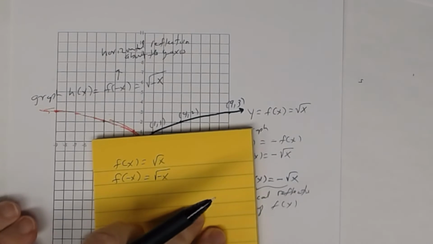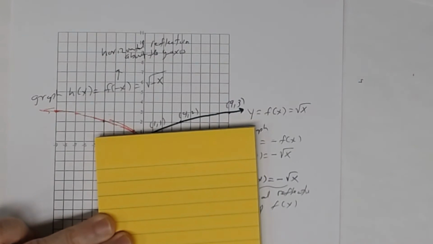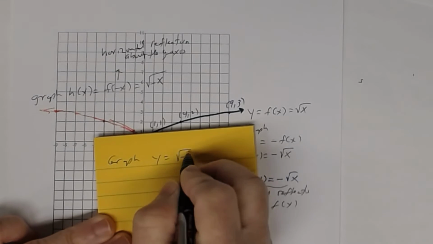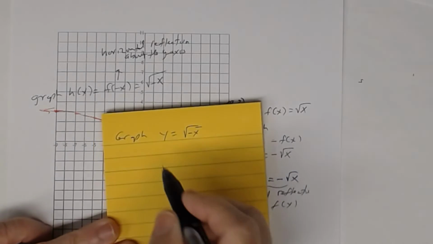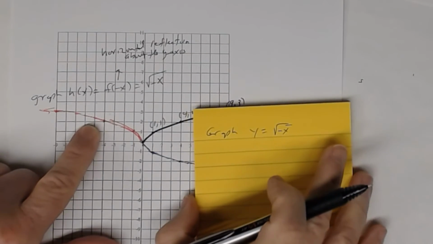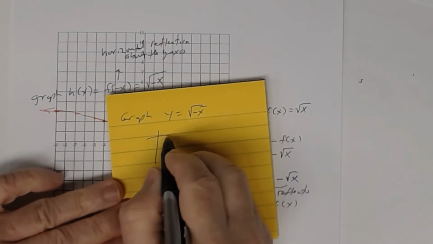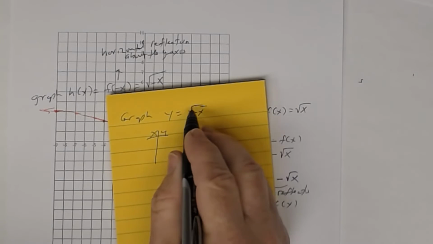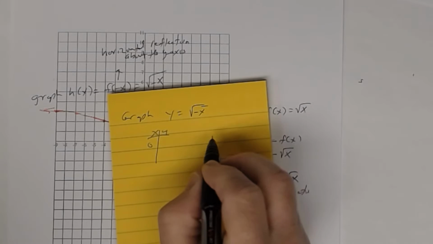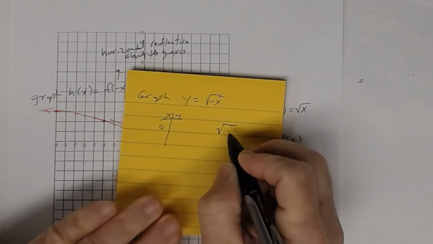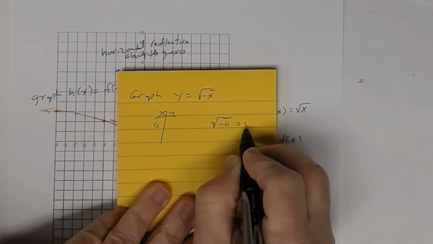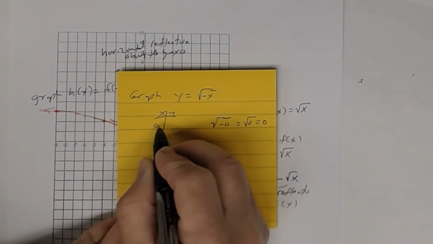All right, so suppose you want to graph y equal square root of negative x, okay? And we're going to use the t-table just to show you that this right here is actually correct. So remember, I can only take the square root of a positive number, right? So in other words, if x is 0, I have the square root of negative 0. But remember, negative 0 is still 0, correct? Which is 0.